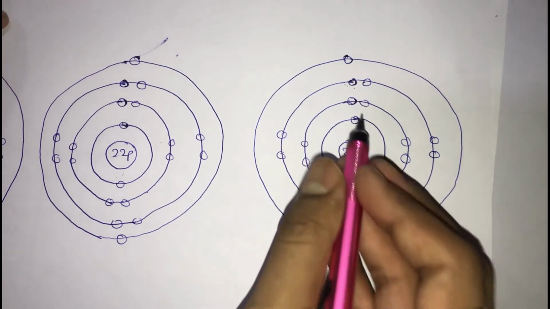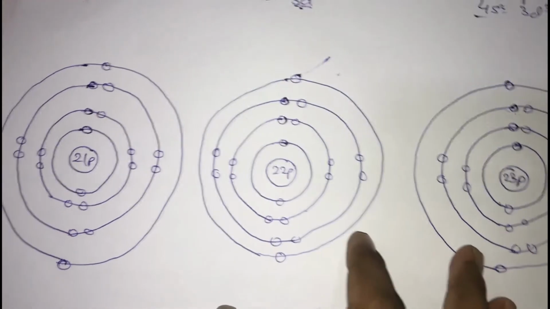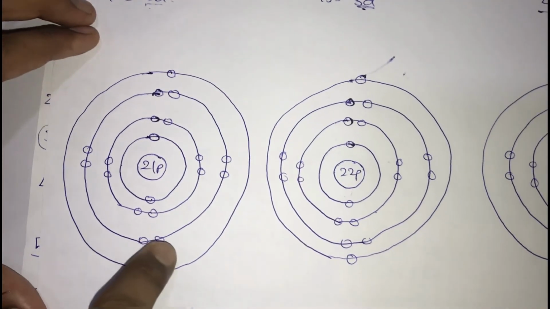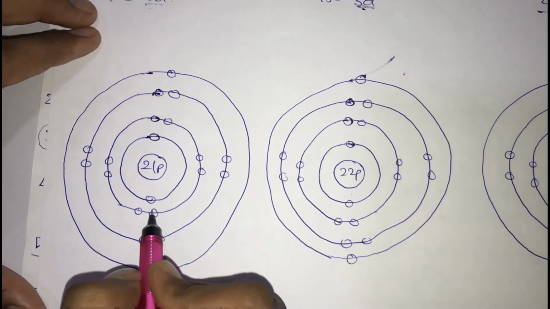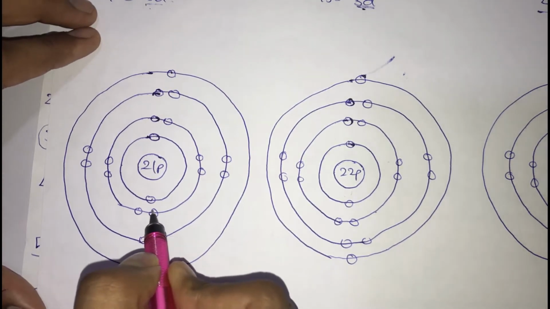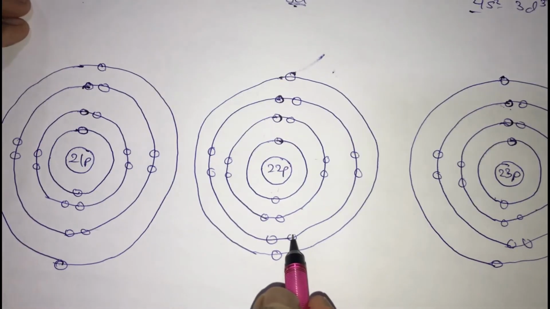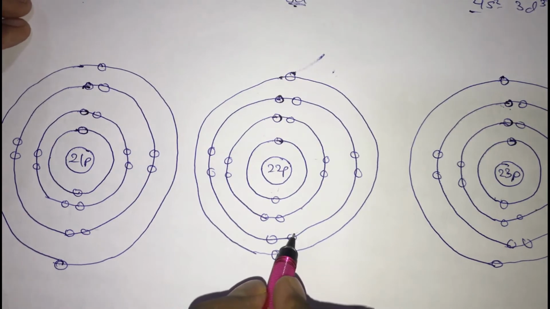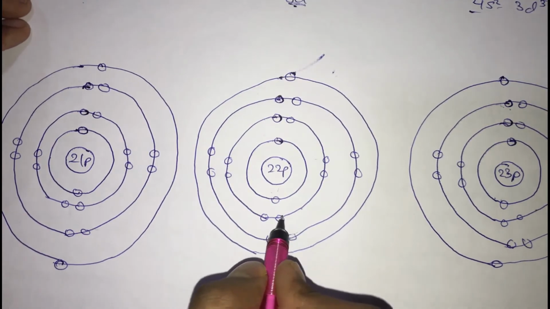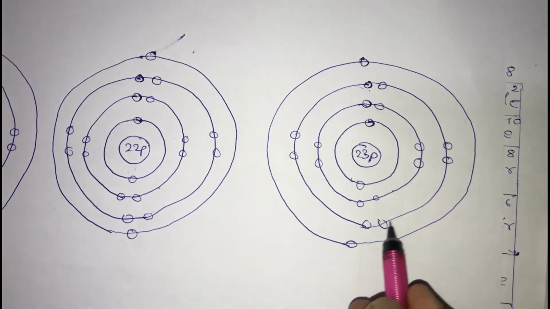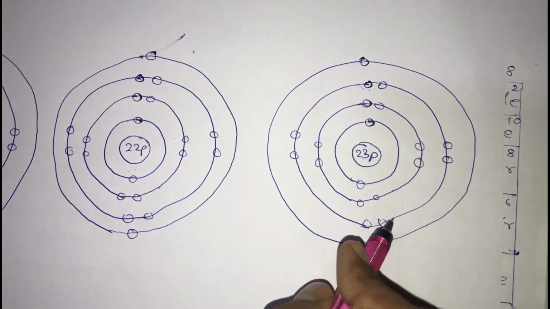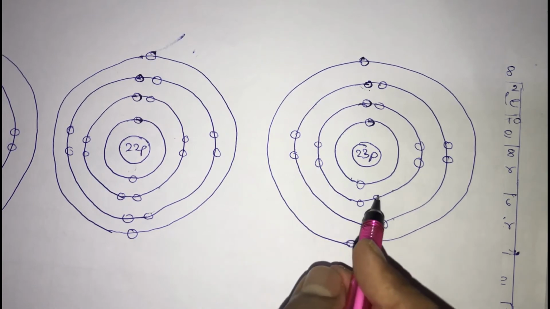Similarly, you can see over here that these third energy level electrons are experiencing shielding effect by 8 second energy level electrons. Here also the third energy level electrons are experiencing shielding effect by the 8 second energy level electrons. Similarly, over here the 8 third energy level electrons are experiencing shielding effect by 8 second energy level electrons.